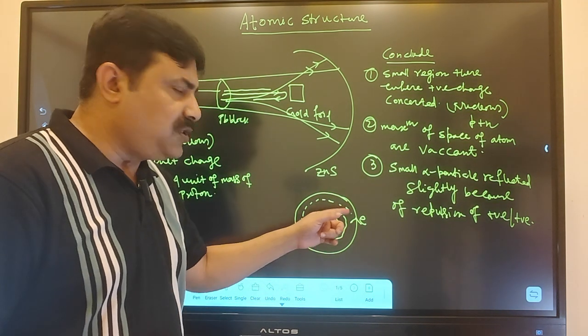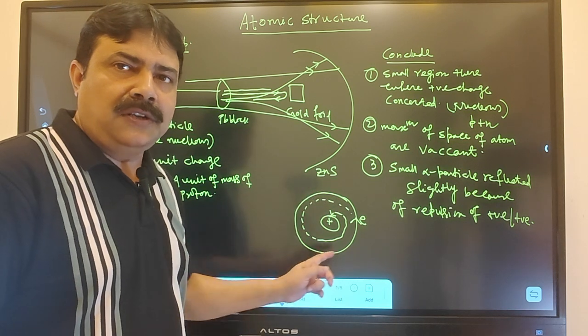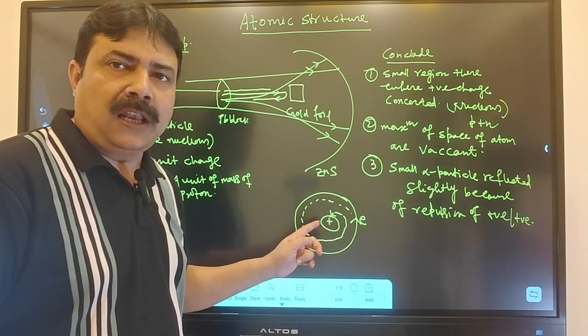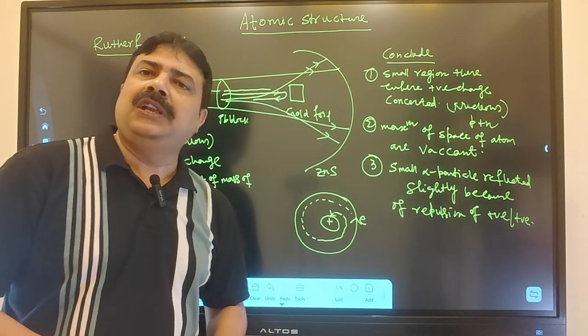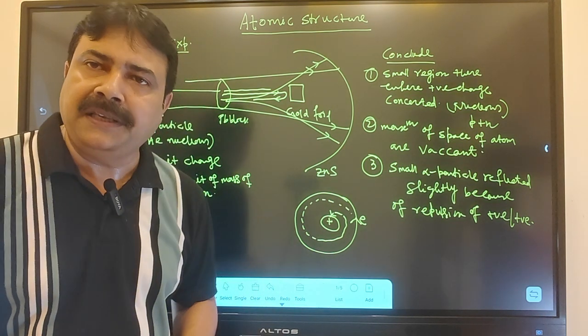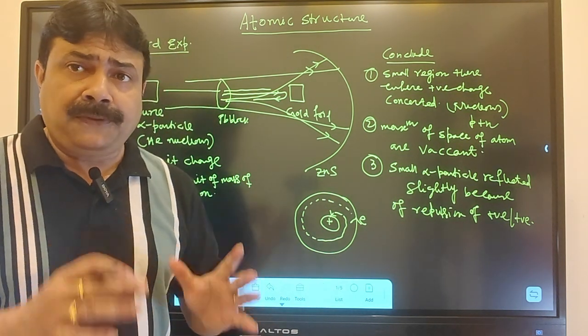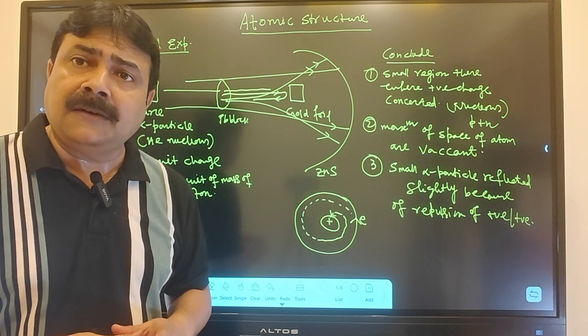When it starts losing its energy, the path will slowly become smaller and then it will fall onto the nucleus. That means the structure of atom will not exist. Then how are you explaining this? This point was the demerit of Rutherford.